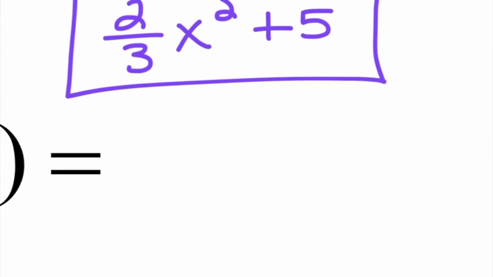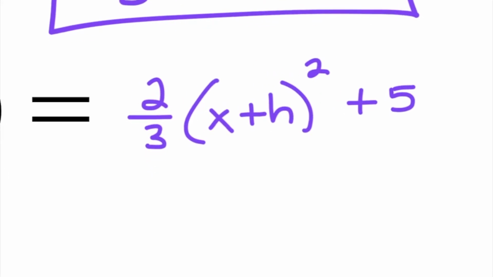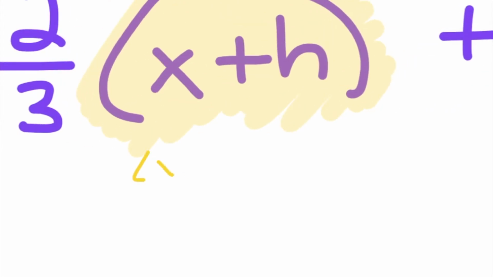And in this next one, 2/3 times x plus h, parentheses squared, plus 5. What you're going to need to do for this one is use FOIL with this binomial. So you're basically thinking to yourself, x plus h times x plus h.